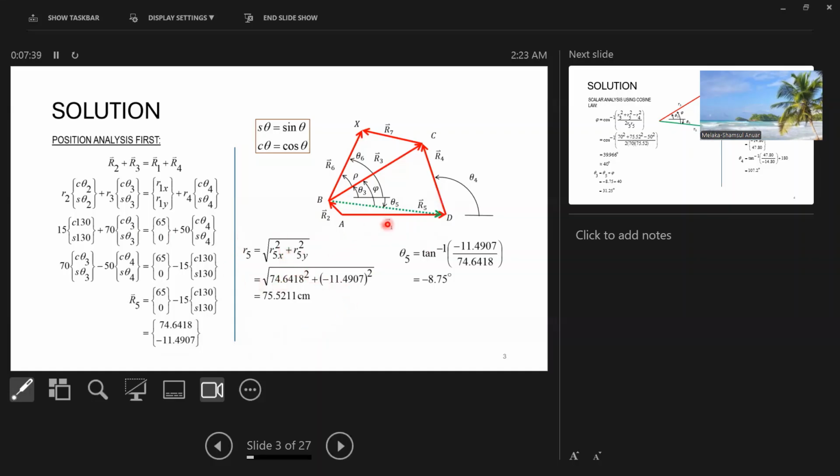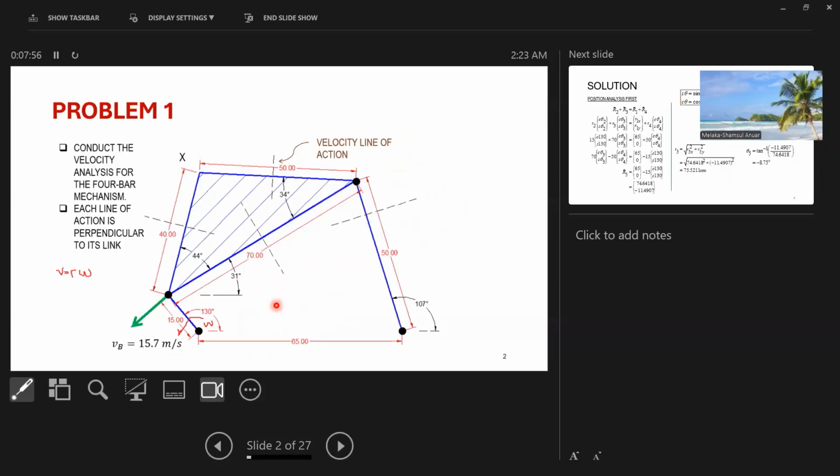Then we can find the scalar length for R5. Just take these components, get the root sum square, and we get 75.52.